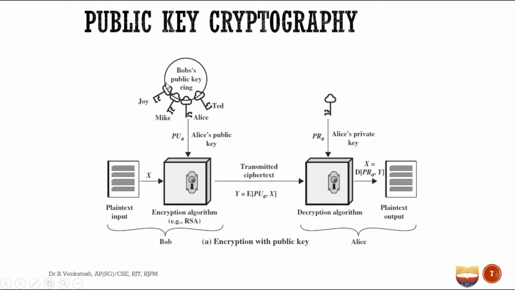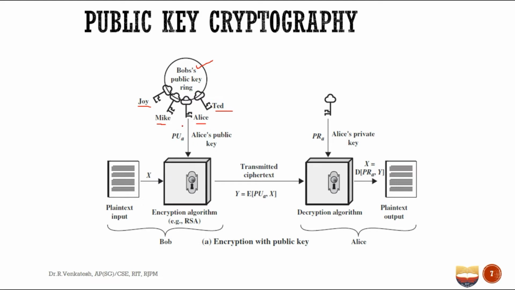The sender will have a collection of keys collected from different users: Joy, Mike, Alice and Ted. Bob is going to transfer messages to the four users, so Bob will collect the four different public keys.